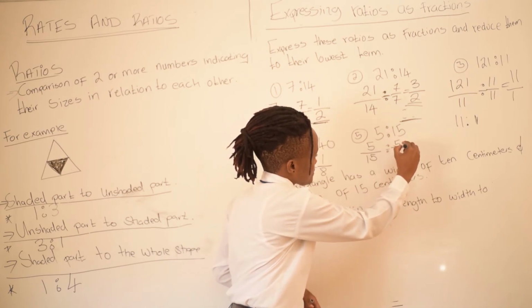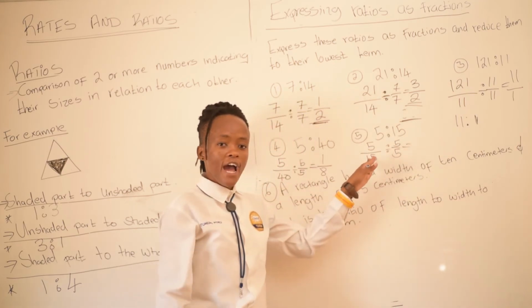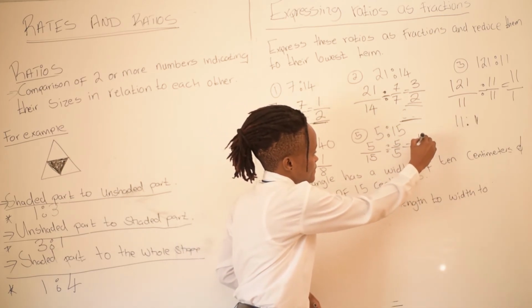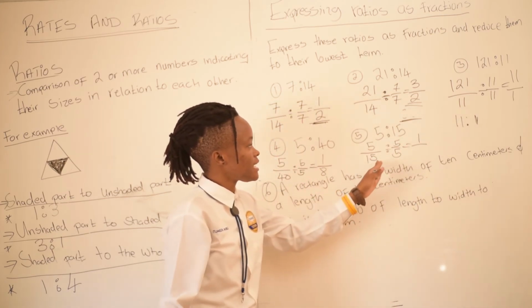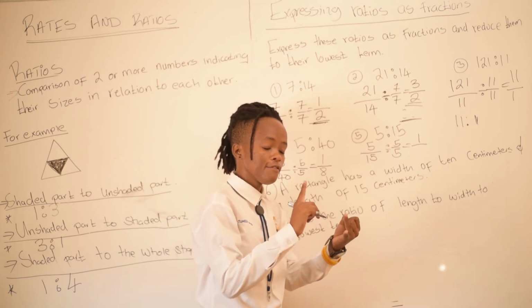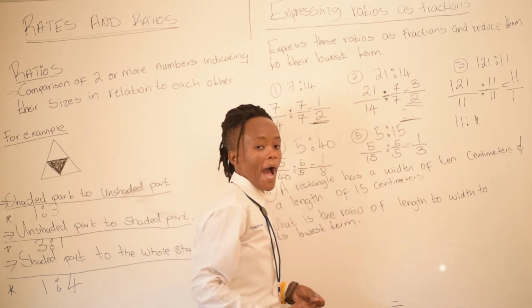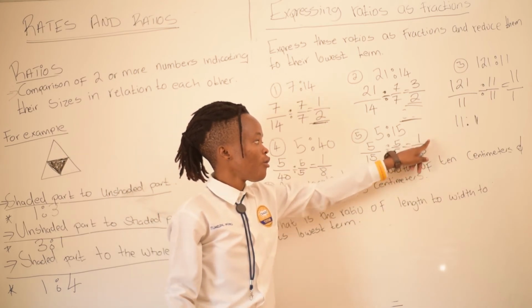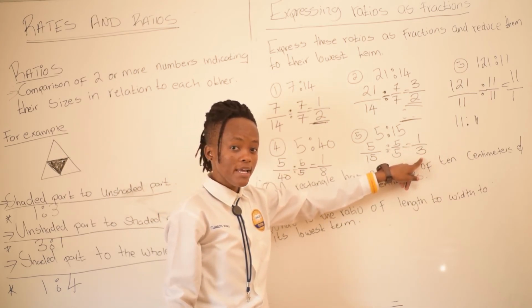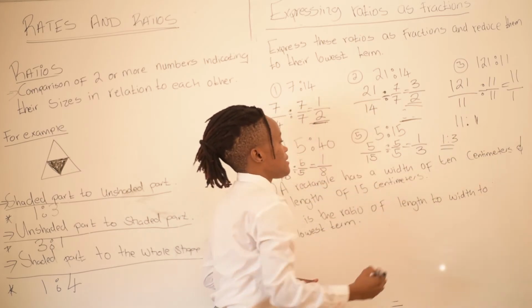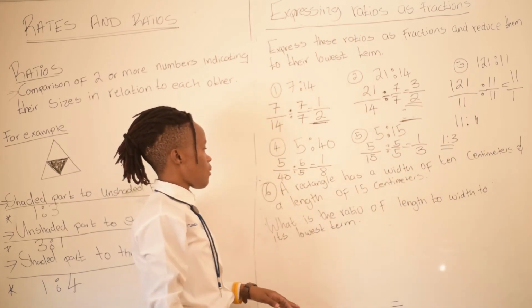Correct. When we say 5 divided by 5, it gives us 1. 15 divided by 5 is, 5, 10, 15, 3. So our answer becomes 1 over 3, as the ratio is 1 is to 3. Let's move on to the sixth one.